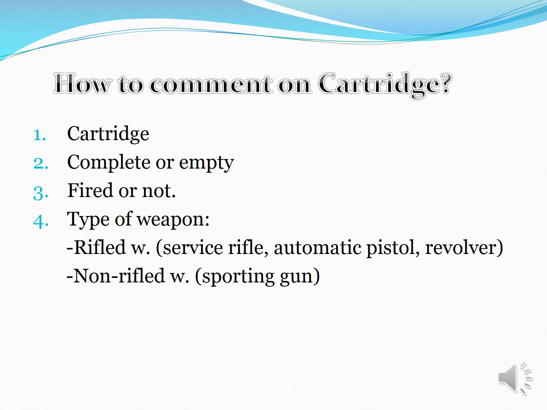Third, whether it is fired or not. Lastly, the type of weapon in which this cartridge is present, either rifled weapon, surface rifled, automatic pistol or revolver, or the other type of non-rifled weapon, which is called sporting gun.